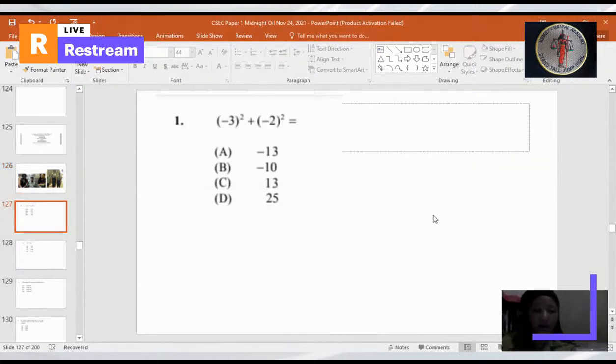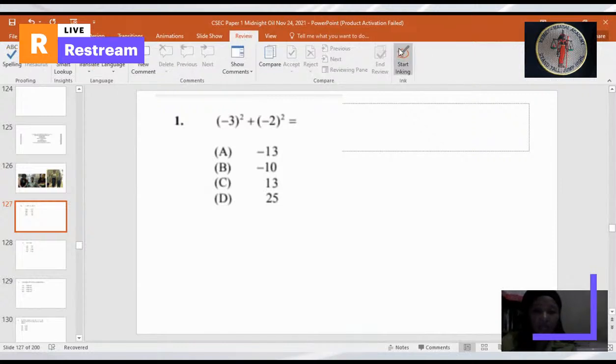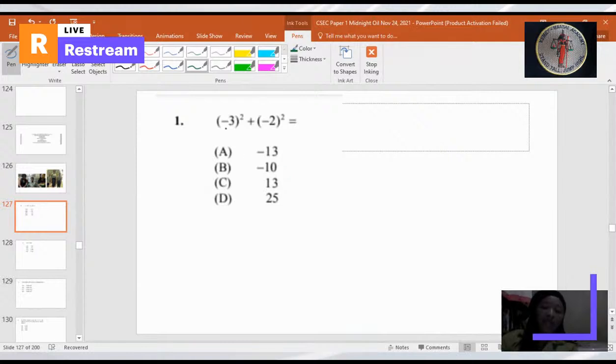All right, so we have (-3) squared, and we're adding (-2) squared. So (-3) squared, that's -3 times -3, which is +9.